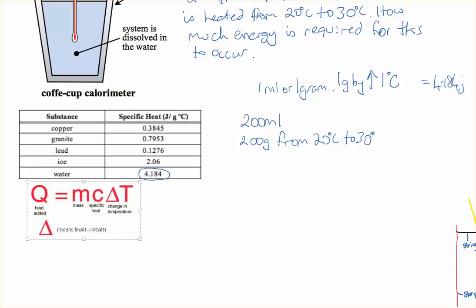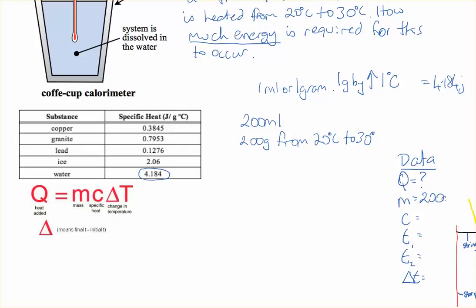And like normal, we're going to write down our data, just like we've done before, and we've got Q equals, M equals, C equals, and we're going to put T1, T2, and then change in temperature. So the Q, well, that's what we're trying to measure. We're trying to measure the amount of energy. So it says up here how much energy is required. M is your mass, and in this case it was 200 mils, or 200 grams.